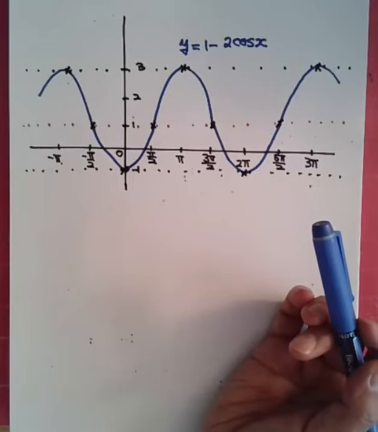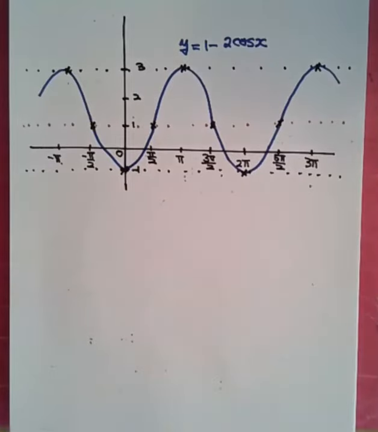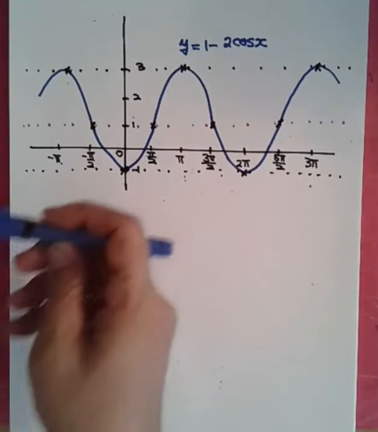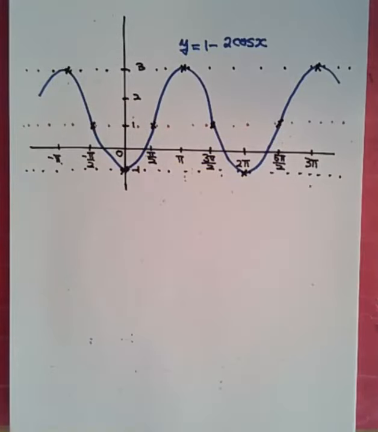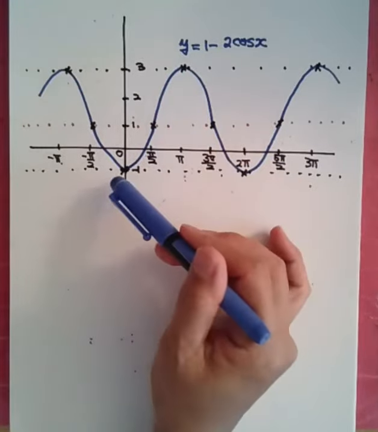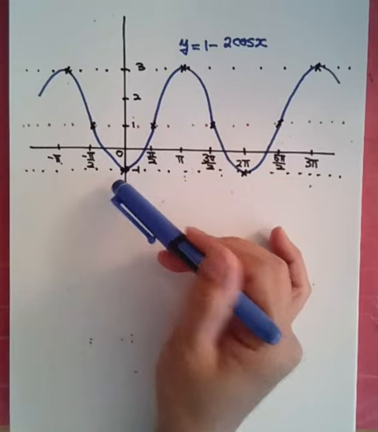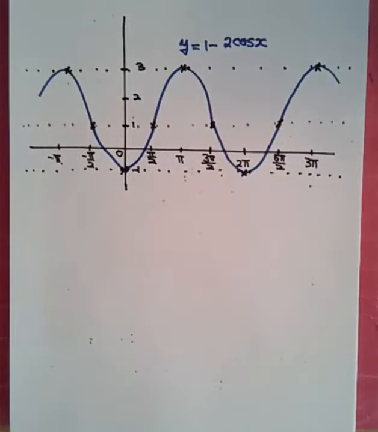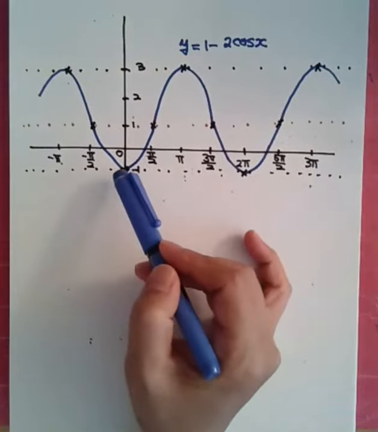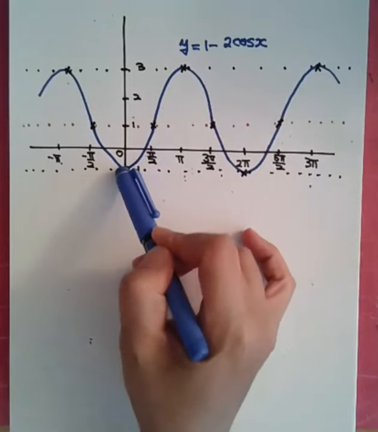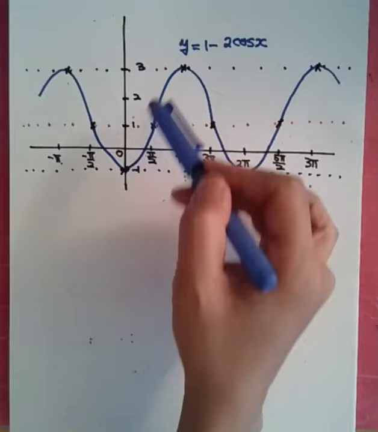There was a vertical shift up by 1 unit, so the x-axis in y equals minus 2 cosine of x will be shifted up 1 unit, and it becomes y equals 1. The maximum was 3 and minimum was minus 1. Because of the vertical reflection, the function starts at the minimum value and follows the wave pattern.